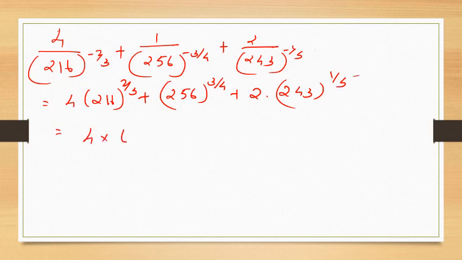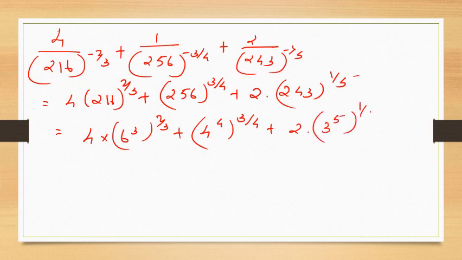216 is what? 6 cube raised to 2 by 3. 256 you can write it as 4 raised to 4 raised to 3 by 4, plus 2 into 243, you can write it as 3 raised to 5 raised to 1 by 5.